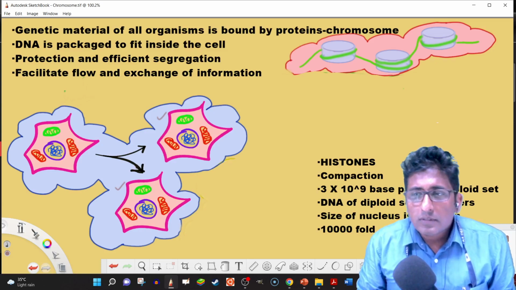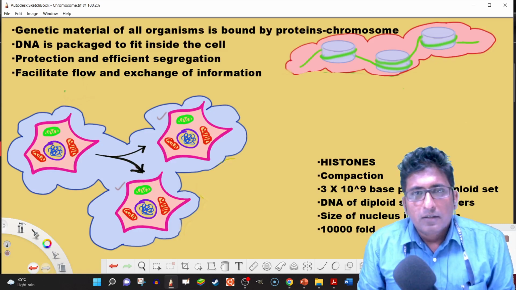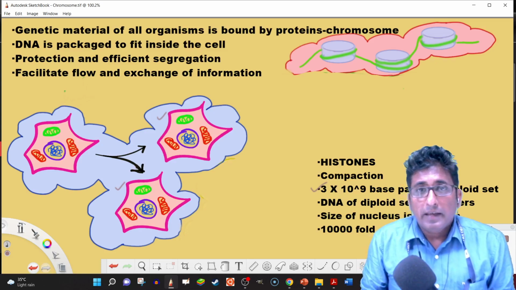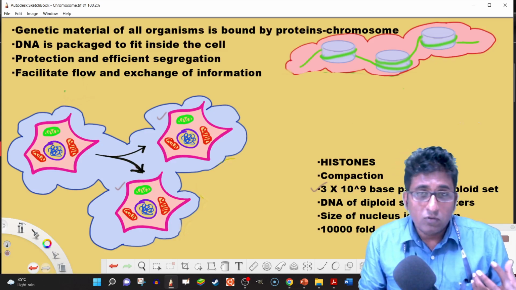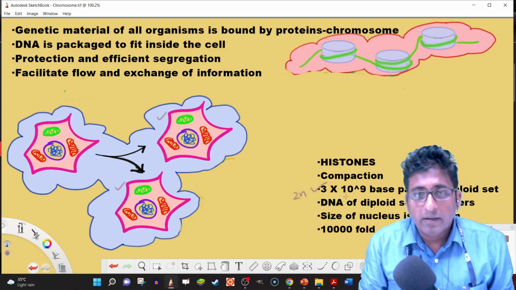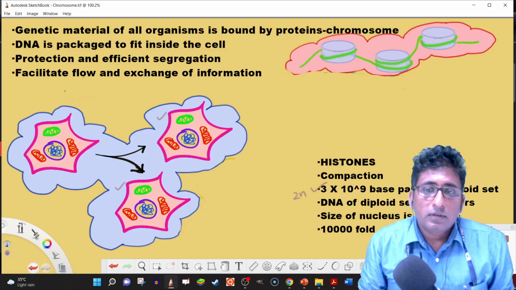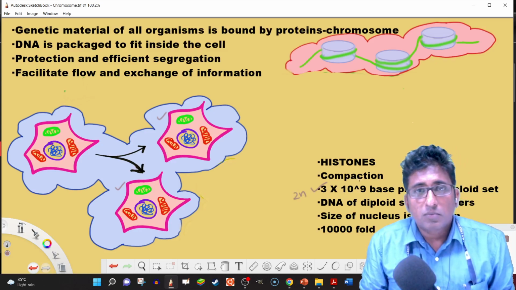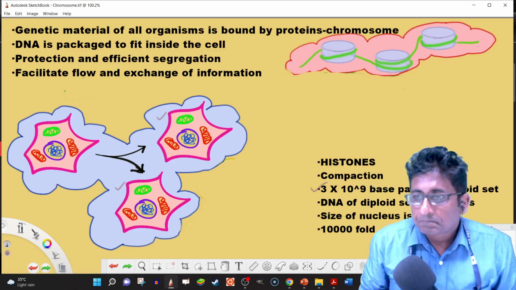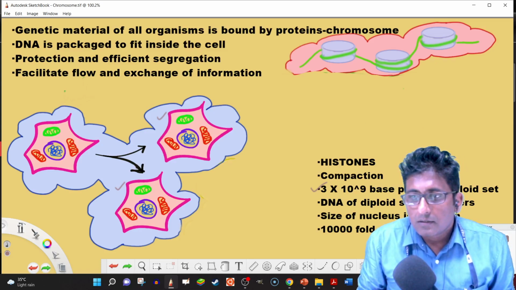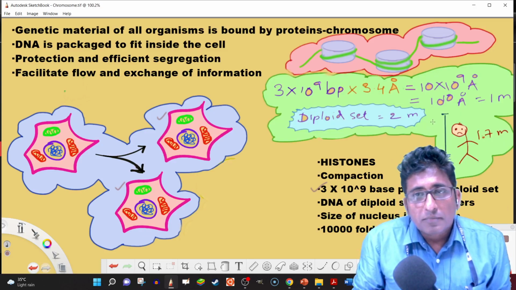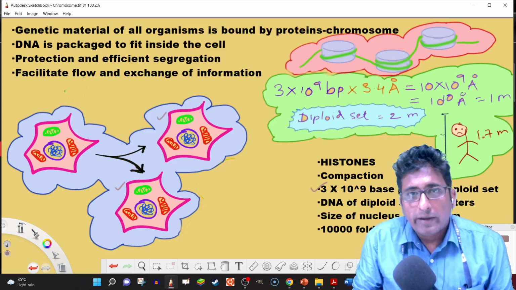If you look into the cells, we have about 3 × 10⁹ base pairs in a haploid set. We are diploid, which would mean we have 2n, so about 6 × 10⁹ base pairs. Each base pair occupies about 3.4 angstroms.